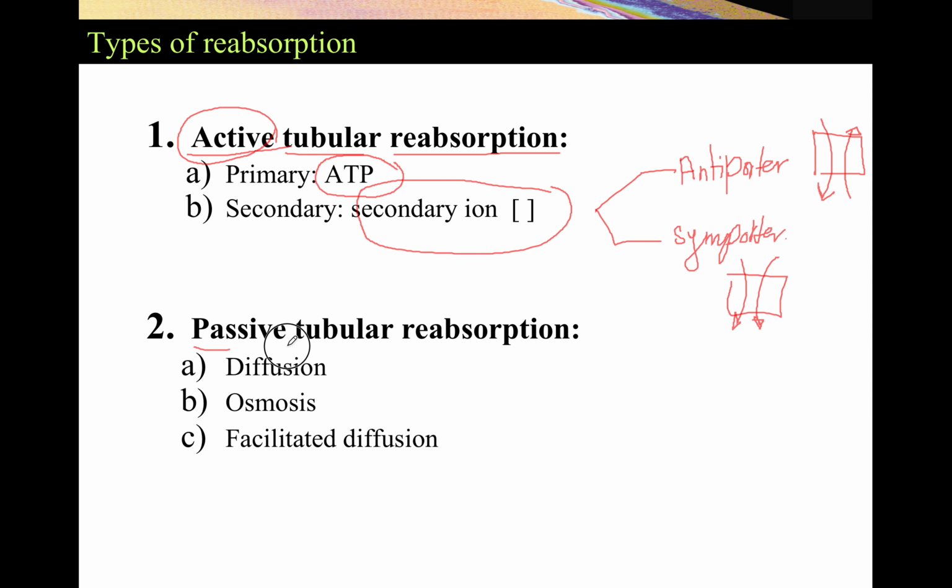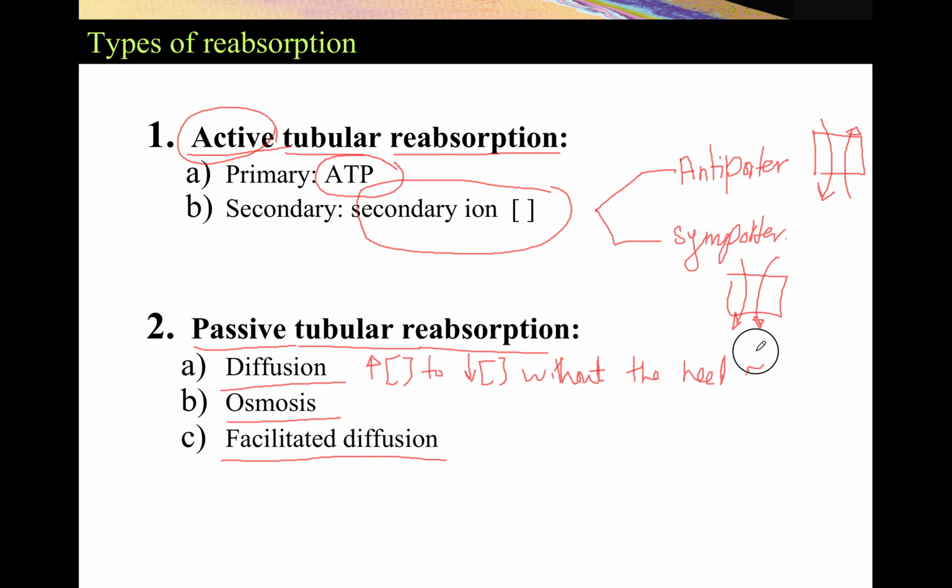Now, as the word passive implies, passive tubular reabsorption is movement of molecules without the need of energy. The best examples of that would be diffusion, osmosis, and facilitated diffusion. Diffusion was basically movement from high concentration to low concentration without the need of membrane proteins.